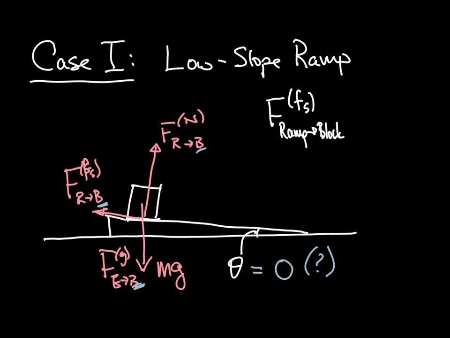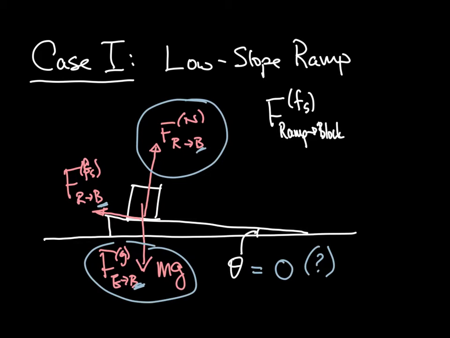Just as a, what do you think? Well, if this is equal to 0, we would expect the normal force and the gravitational force to be opposite each other, right? Because the normal force is always perpendicular to the surface, and in that case the surface would be horizontal. So we could imagine it'd be like our block was drawn over here.